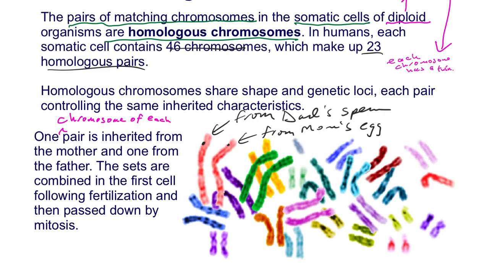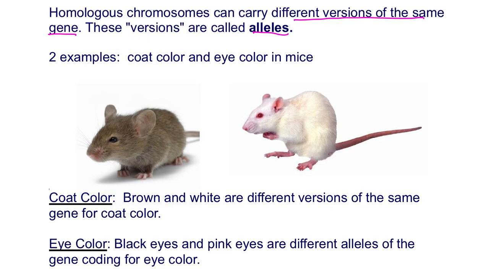But in a homologous pair, both have the same genes, but could have different forms of those genes. Those two chromosomes came together during fertilization when the sperm nucleus and the egg nucleus fused to form one nucleus in the zygote.